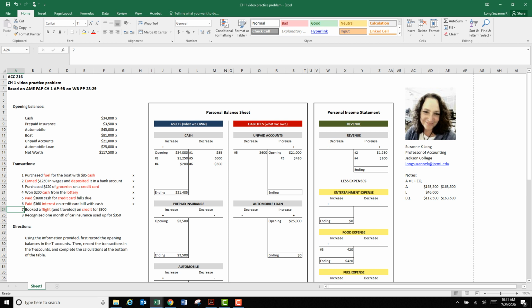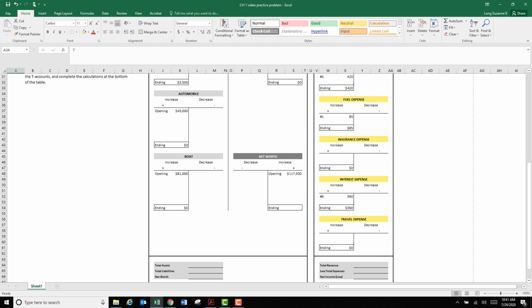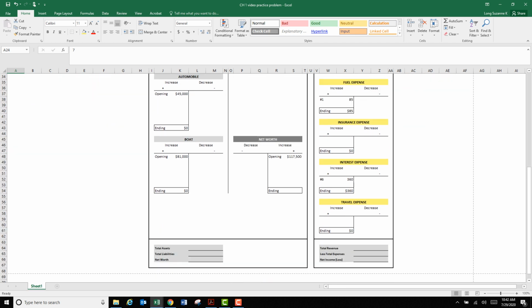So whichever one you kind of feel first, you could take care of the credit part first, or you could take the flight part first. Doesn't matter. I guess I'm going to go in order. Flight. Booked a flight. That's going to be down here. Travel expense. 900, number 7. Booked a flight. I traveled.